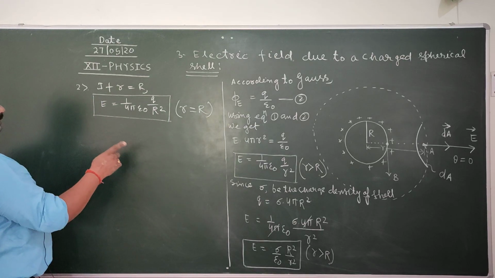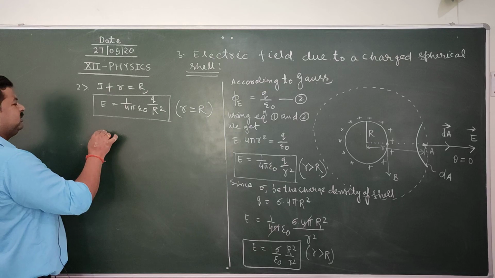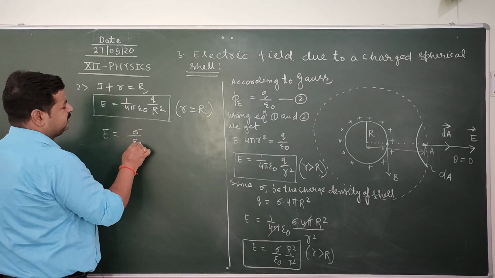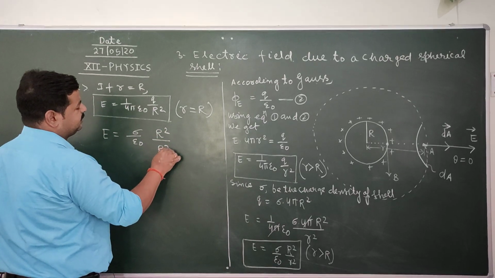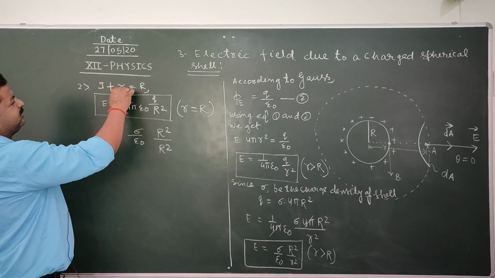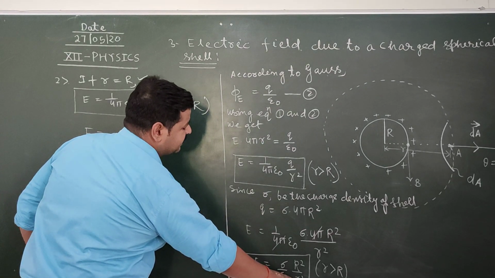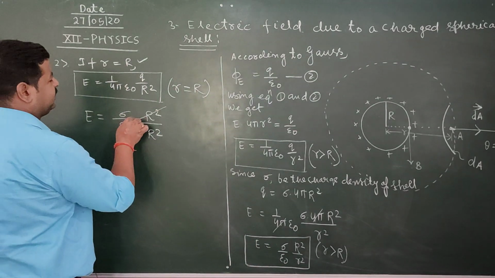And in terms of charge density, what will be the expression of electric field? The expression is sigma by epsilon naught, capital R square by small r square, because small r is equal to capital R. Here small r is replaced by capital R, so we get the expression of electric field.